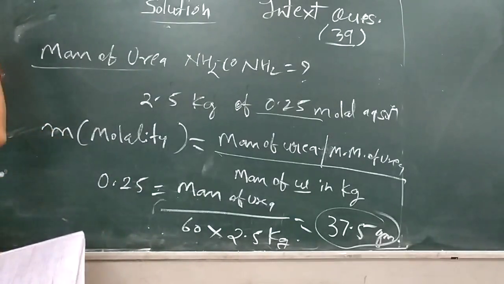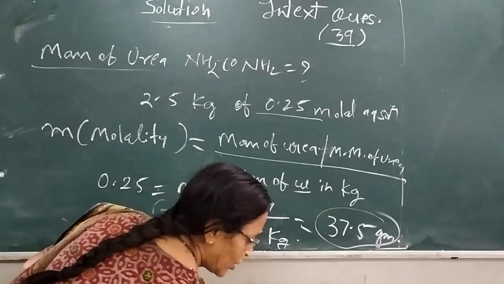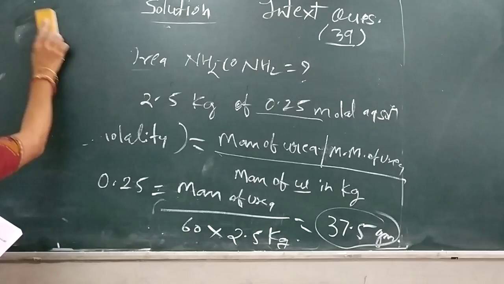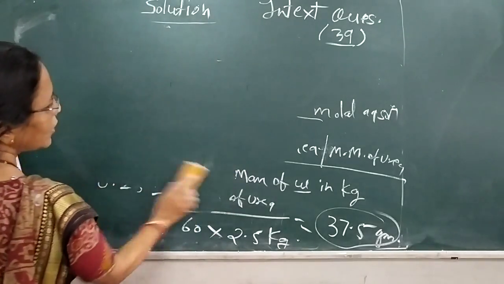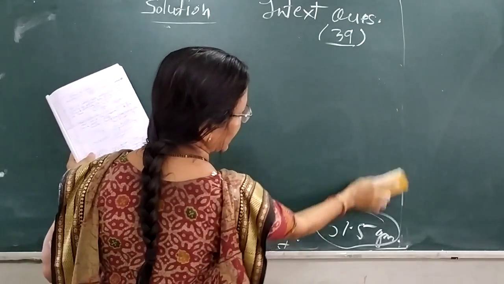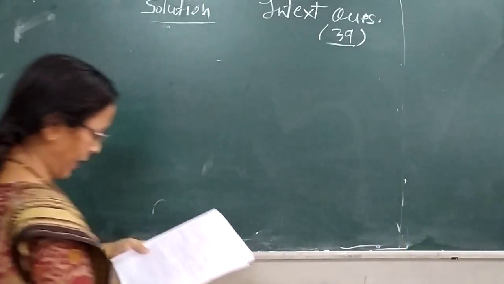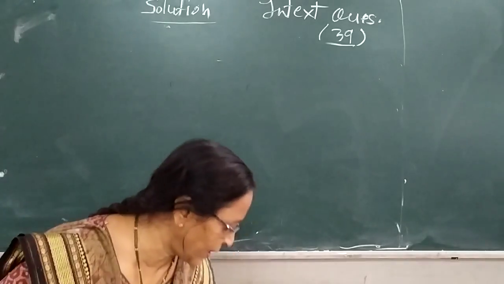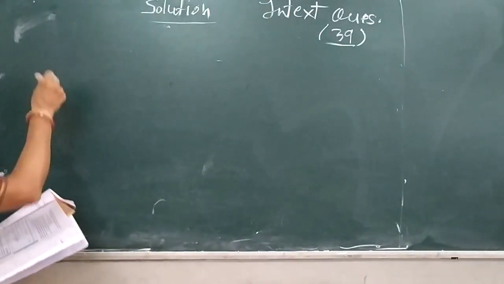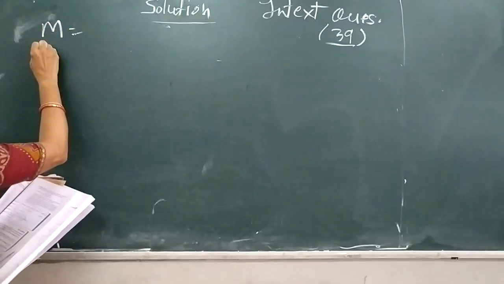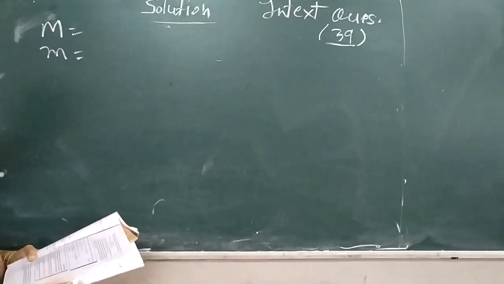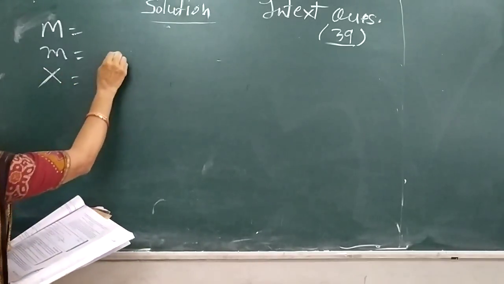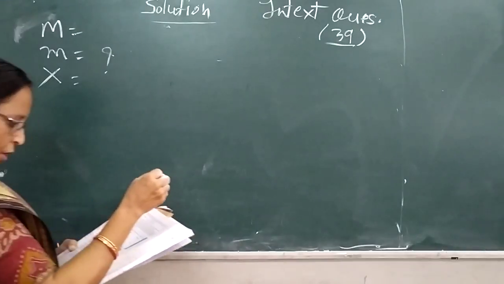In question 2.5, the molarity of KI is a new type of question because density is given here. Our question is: calculate molarity as well as mole fraction of KI.